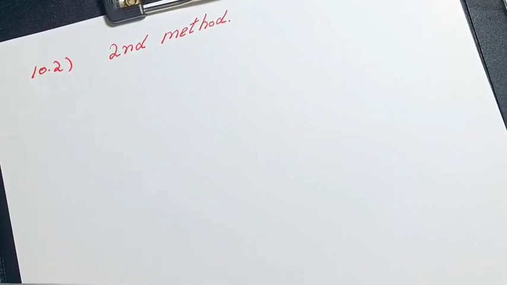According to the second method, I'm gonna integrate the speed function to find the distance. The distance between town P and town T is the definite integral of the speed function from t is equal to 0 to t is equal to 6.